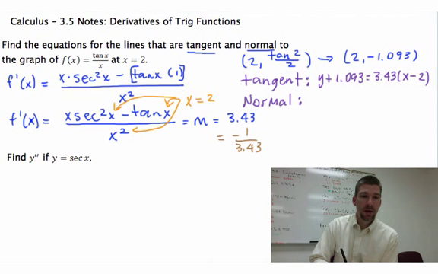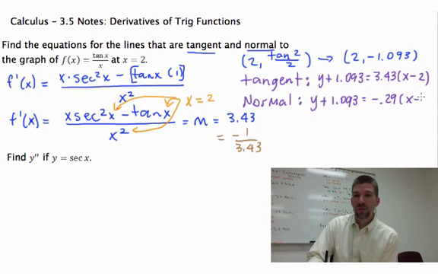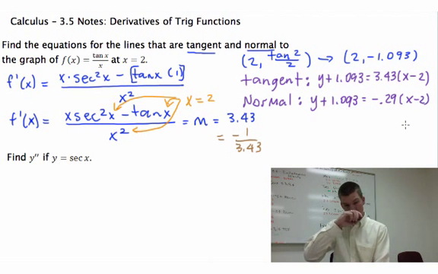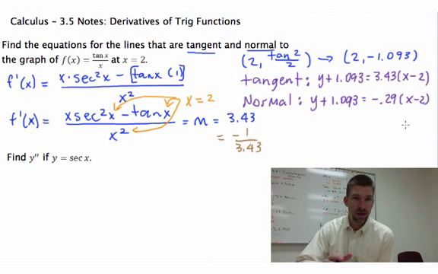So our normal then is going to be y plus 1.093 equals negative 0.29 times x minus 2. So there's how you can find the tangent and the normal using your trig functions and derivatives. It's no different than how we were doing it before. It just may have a little more decimal action going on.